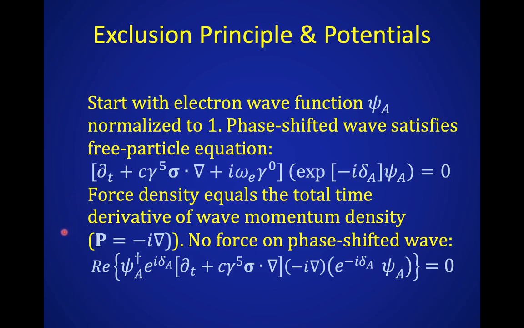So again, because the phase shifted waves are independent, there would be no force on the phase shifted wave. And force would be the total time derivative of the momentum density, in this case the wave momentum density. So what I'm going to do is solve this equation that says that there's no force on the phase shifted wave.